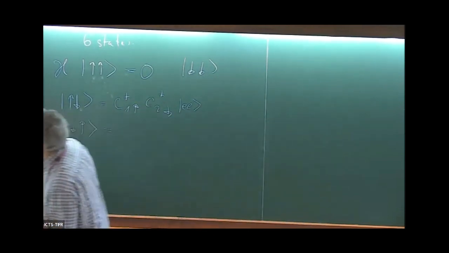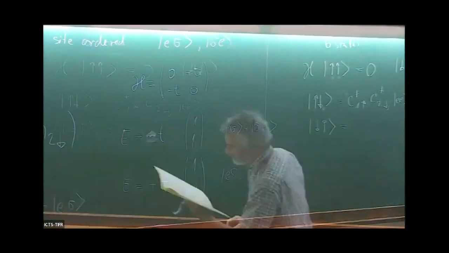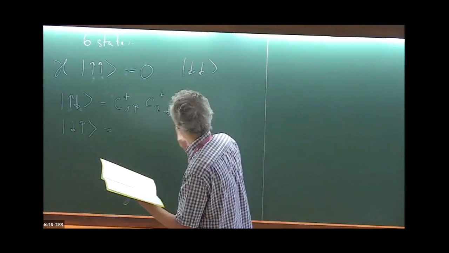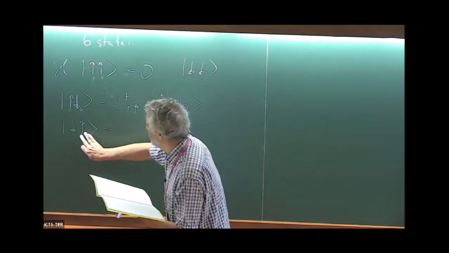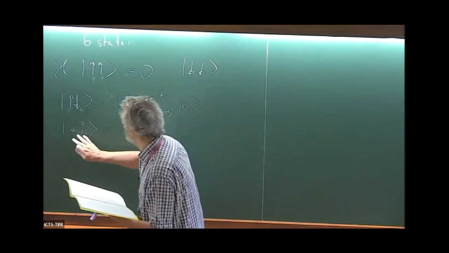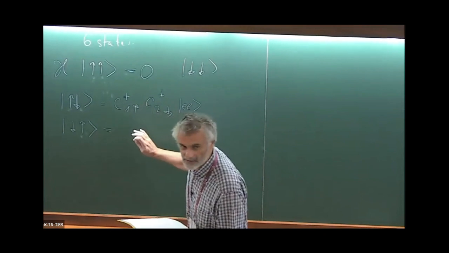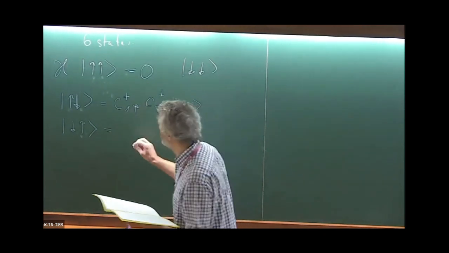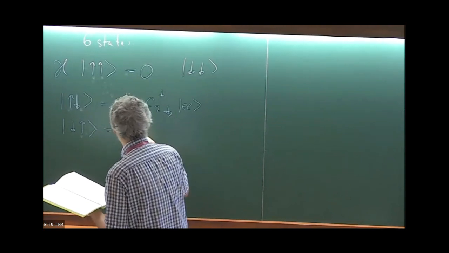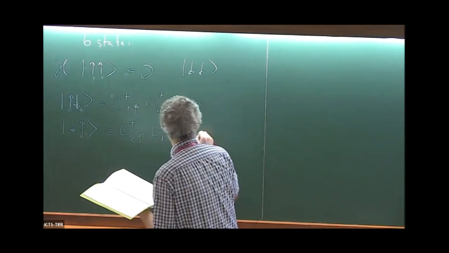When I said that there is a convention, here it comes into play, because you may say, okay, let's write the upspin operators first. And please don't write this in your notebook because I will erase it. So you could do it like C2 up dagger, C1 down, empty, empty.